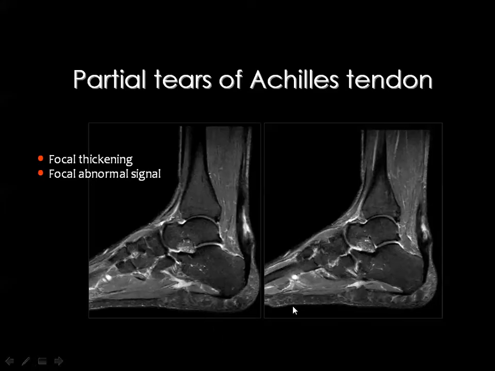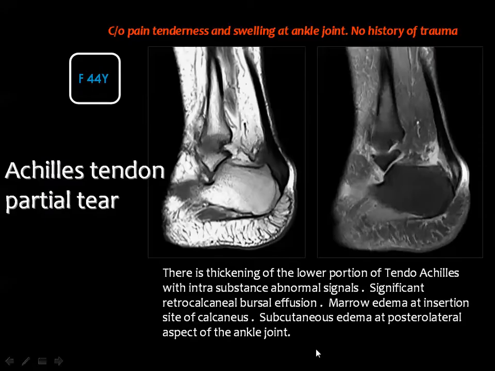And partial tear means that some of the fibers are intact and other fibers have ruptured. And the partial tear, you can see a fluid signal inside the substance of the tendon, while other normal fibers of normal signal are seen along the course of the tendon.